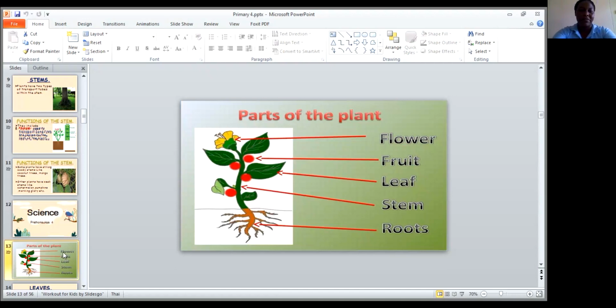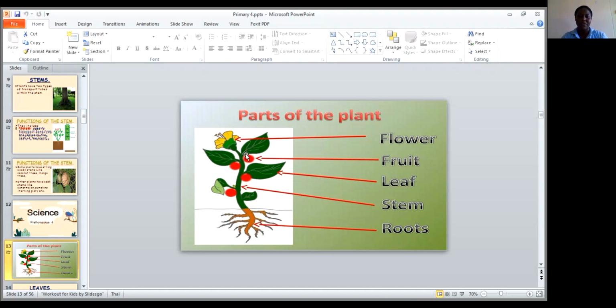We learned about functions of the root yesterday. Today again we are going to review the parts of a plant and from there we continue with the functions of the leaves. Okay students, look at the screen. We have a plant there with its parts. This part you can see here is called a flower.